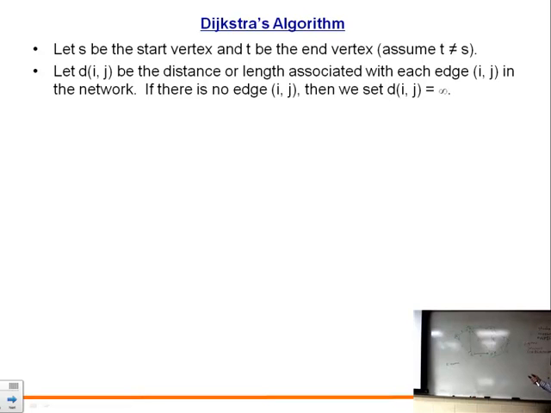As the algorithm proceeds, these labels might be updated, but eventually a label will become permanent and it will never change. The easiest way to track how this algorithm is working is by a table giving the labels of all the vertices. So let's just list these in alphabetical order: label for A, label for B, label for C, label for D, label for E, and label for F.